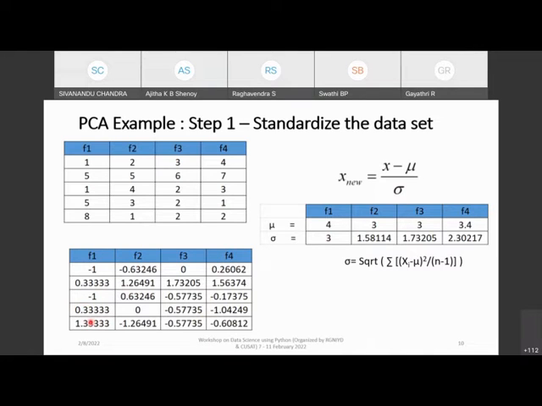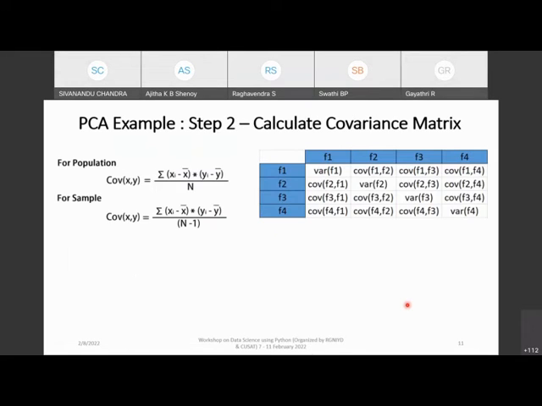Now, if you find the mean of this F1, you can see that it is equal to 0. See, minus 1 plus minus 1 equal to minus 2, then 1.3 plus 0.3 plus 0.3 is around 1.99, about 2. So 2 minus 2 is equal to 0. Similarly, here also the mean is equal to 0. So this particular data will have mean equal to 0 and standard deviation equal to 1 for all the features. So this is the first step.